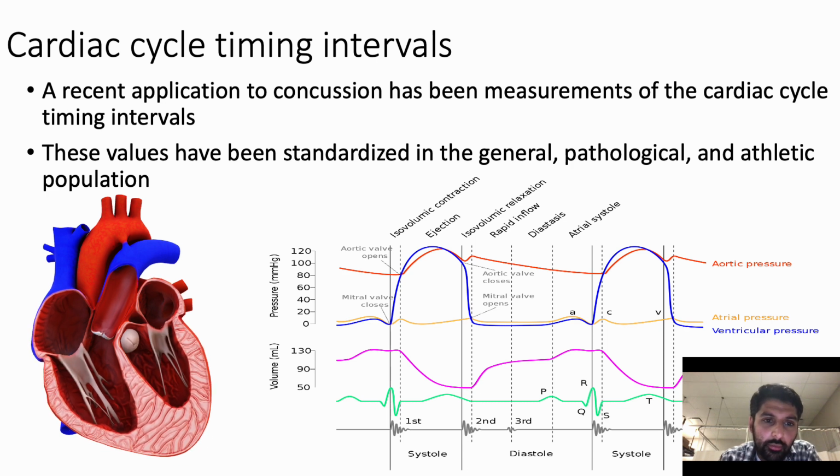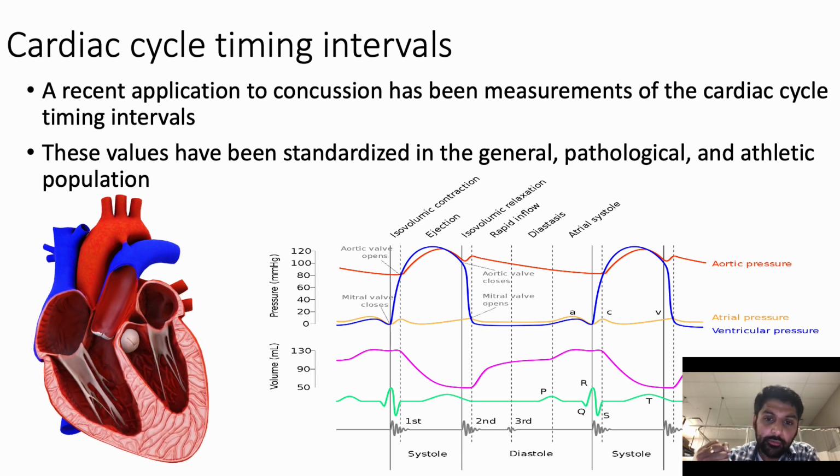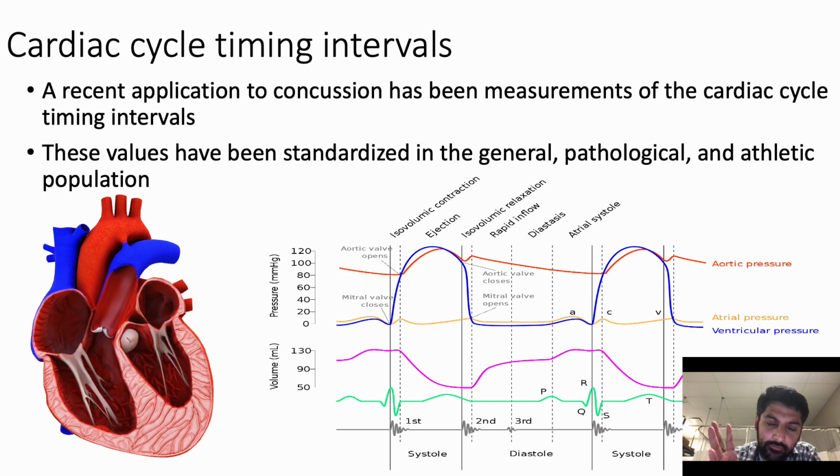And with more and more pressure increases, and we can see that with this blue line right here, there tends to be such a strong response that the aortic valve, or the valve between the ventricle and the aorta, tends to pop open because of the amount of pressure produced in the left ventricle. As this valve opens, blood goes from that left ventricle into the aorta and then into the rest of the body.